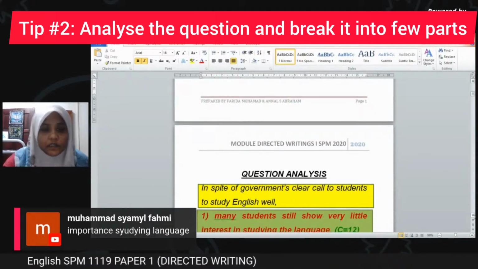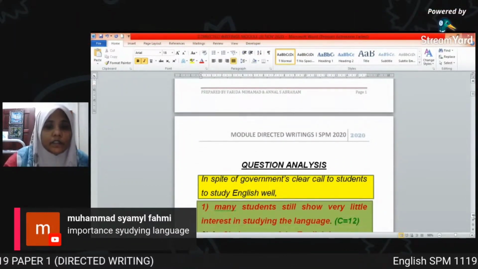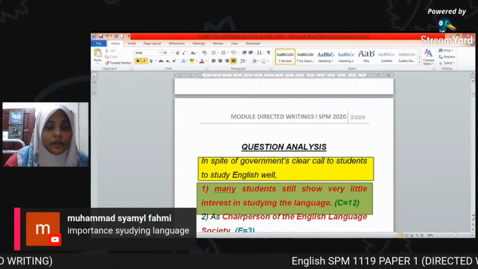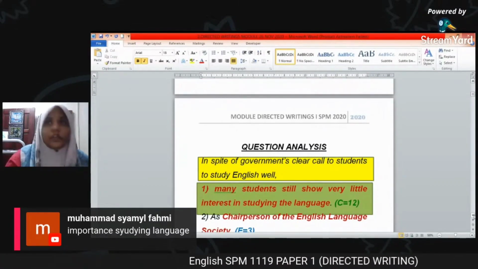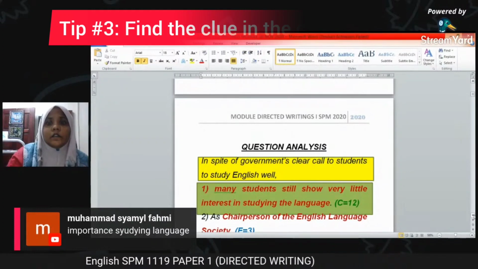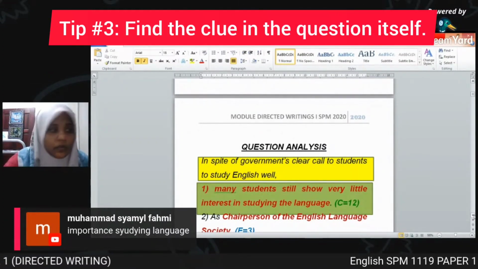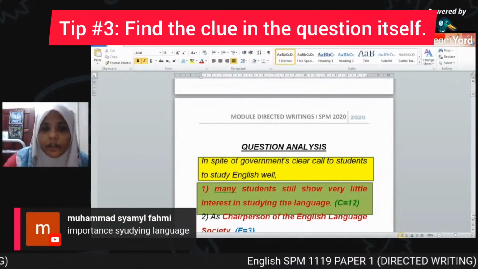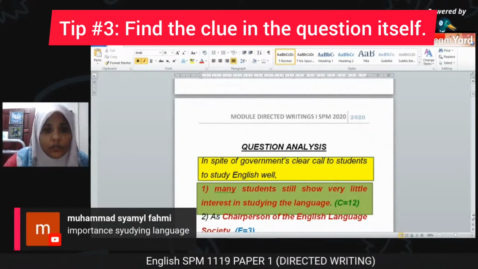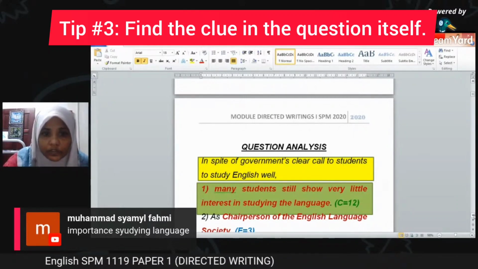First thing is, in spite of the government's clear call to students to study English well.